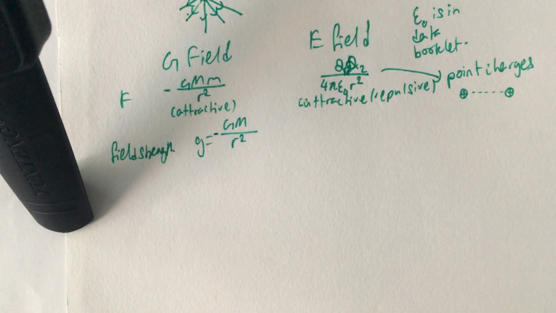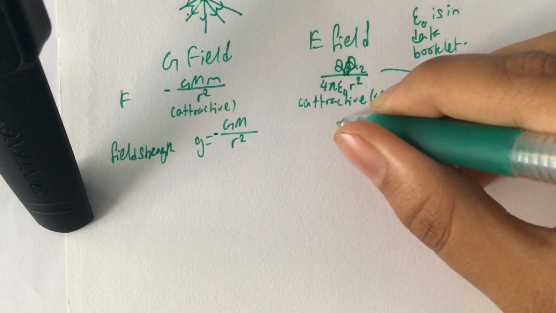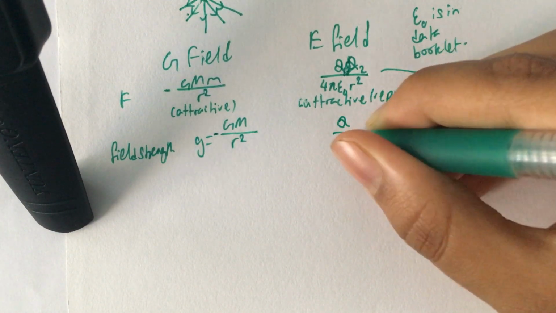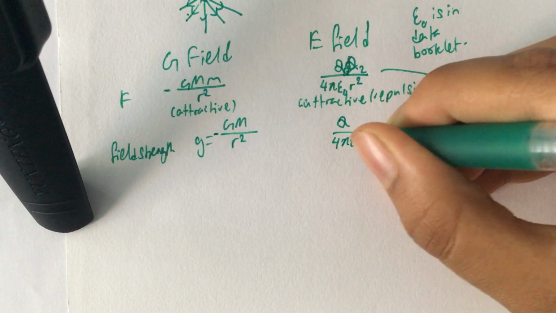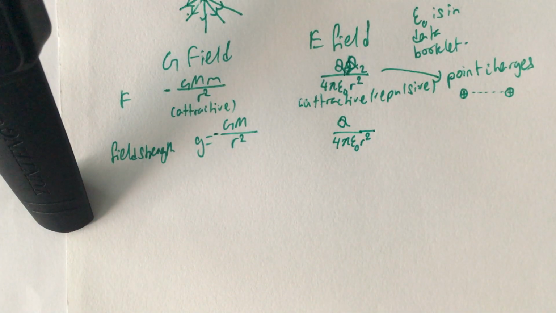Here it depends on which charge you're looking at. So you remove the charge that you're actually looking at, in a sense. If you're looking at a point charge in free space, then you remove that particular charge from the equation. So in gravitational field, you would get g equals big G, big M over r squared.